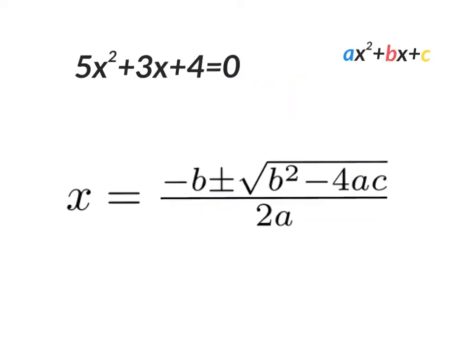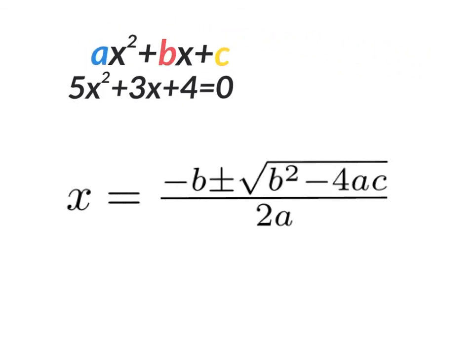Okay, so here we have the quadratic equation, 5x squared plus 3x plus 4 equals 0. And we are going to just set up the quadratic formula using this equation. So again, remember our ax squared plus bx plus c, and what represents what.